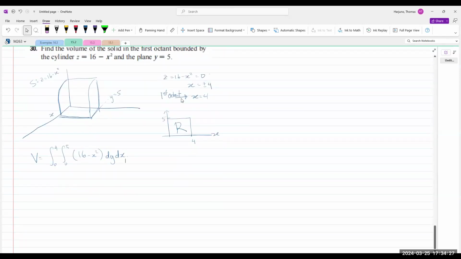But the integrand seems to be independent of y, huh? Right? In fact, in the integrand there's no y at all. So when I integrate this, that will be just the length of the interval, 5, right?